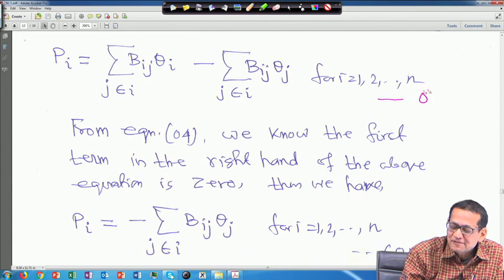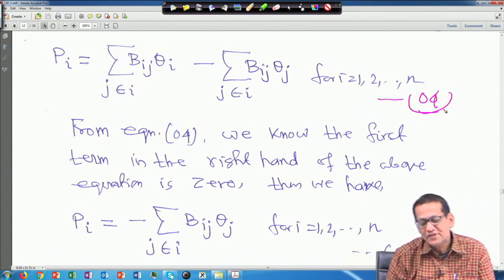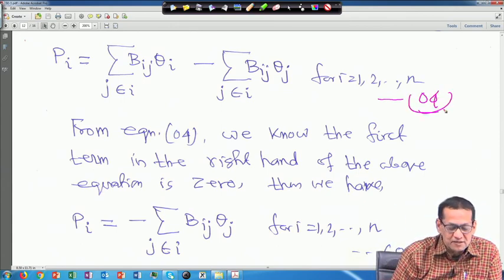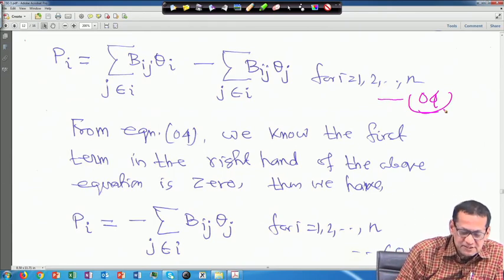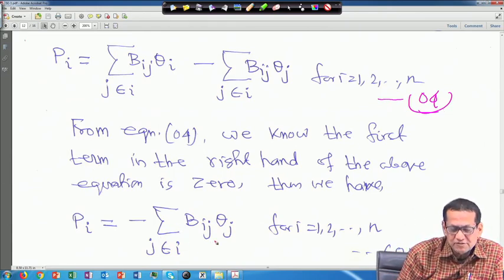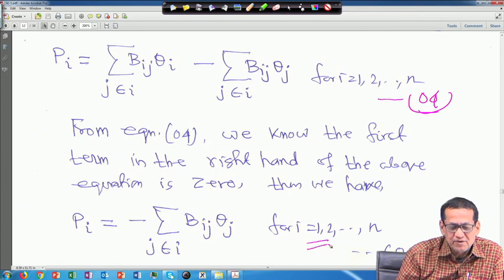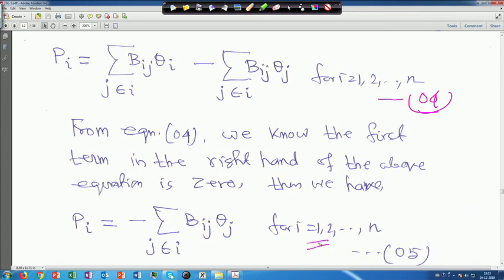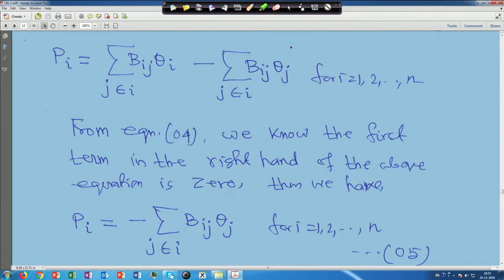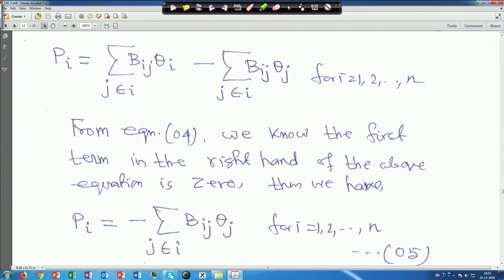Therefore, we have minus sigma j belongs to i of B_ij theta_ij for i equal to 1 to n. So, this is actually P_i is equal to this one.